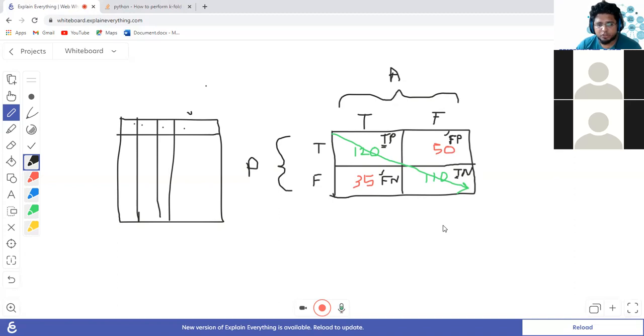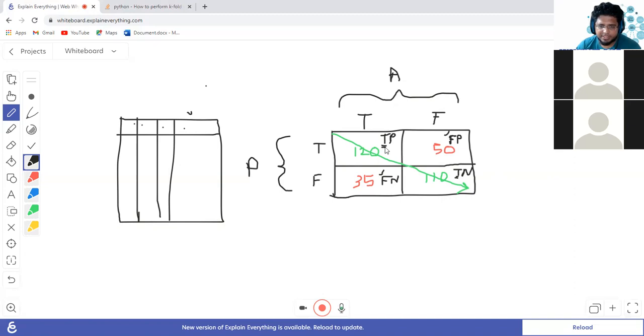Okay, so this is called true positive, true negative. When the beginning of the term is true, that means it is the good box. When the beginning of the term is false, that means it is the bad box. So our goal should be to increase the true boxes and to decrease the false boxes.